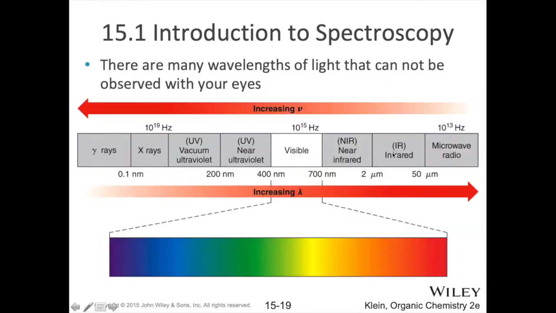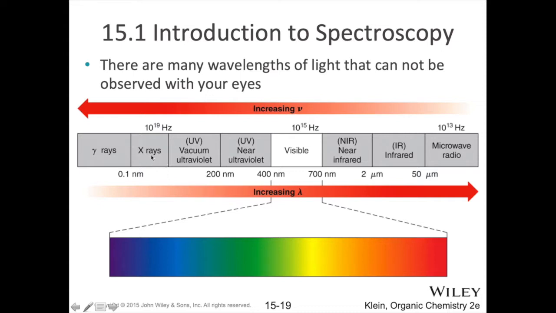The word infra means less than or lower than, so infrared light is lower energy than the red part of our visible spectrum. We go through the colors of the rainbow, and at the higher energy or shorter wavelength end, we have the violet end. Past that, we have ultraviolet, which means more than violet, or higher energy than violet.